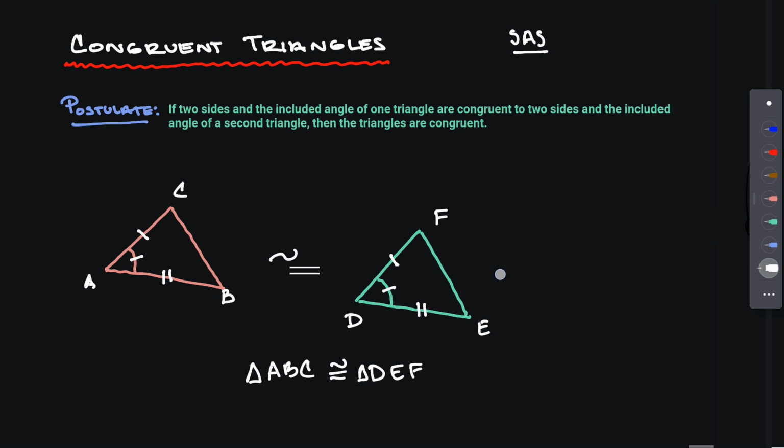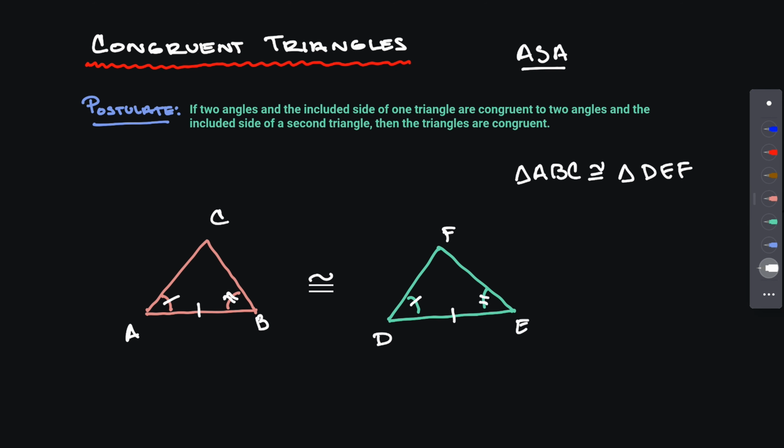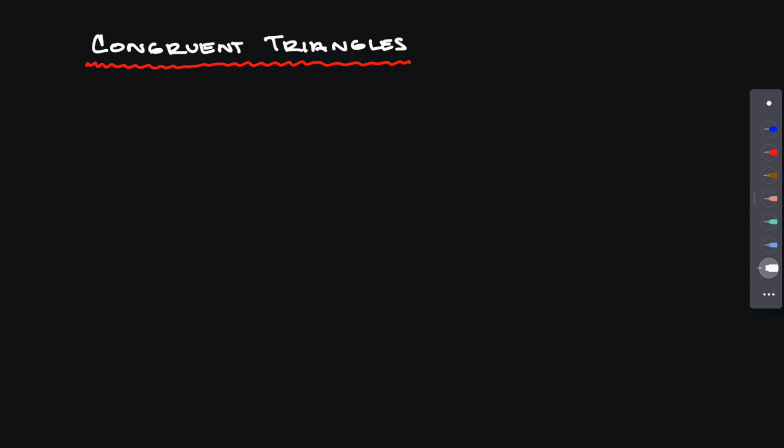And if we have angle, side, angle with another triangle, angle, side, angle, then they are congruent.